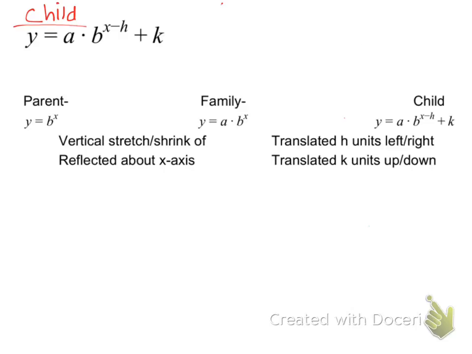For the parent, you take away all the extra stuff, and you're left with the basic part of the problem, which is the parent equation. And the parent equation is taking away the a, the h, and the k. And there's your parent. I strip away what I call all the moving parts. So I'm going to bring that back. Okay? I take away all the moving parts, I get down to a parent.